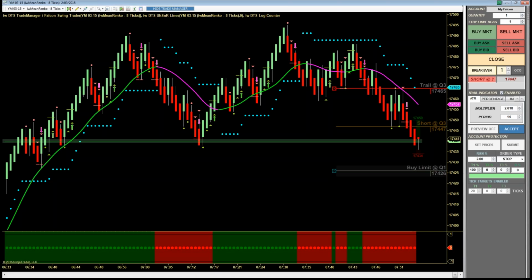So we'll see how that works. Because I didn't preset my runner, I'm going to see if this will allow me to do my trade adjustments while the trade is in play.